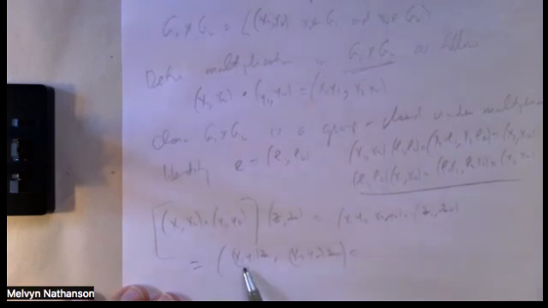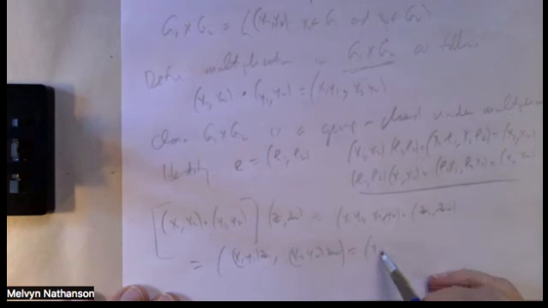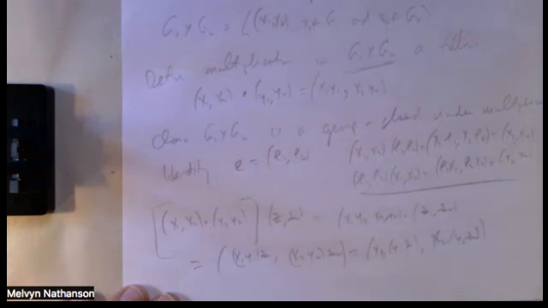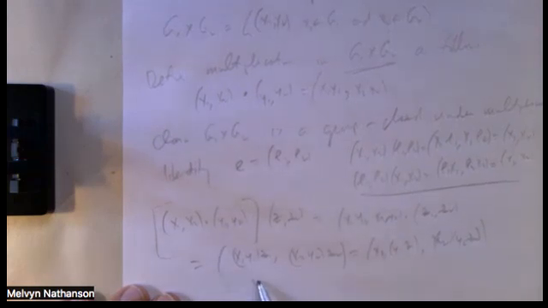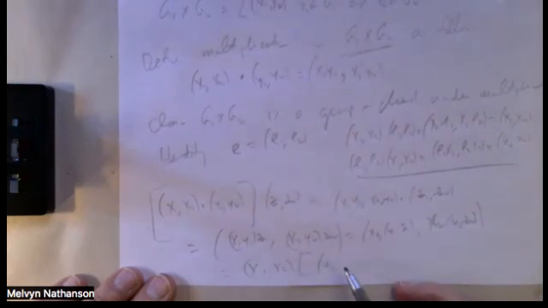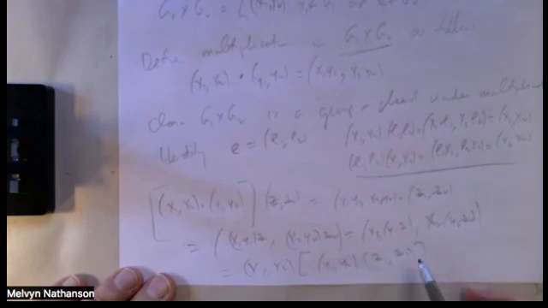But multiplication is associative in a group. So this is x1 y1 z1, and x2 y2 z2. And this is exactly x1, x2 times the product of y1, y2 times z1, z2. So this is exactly the associative rule.